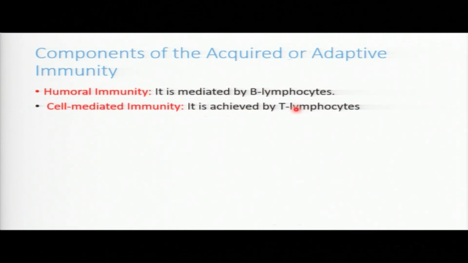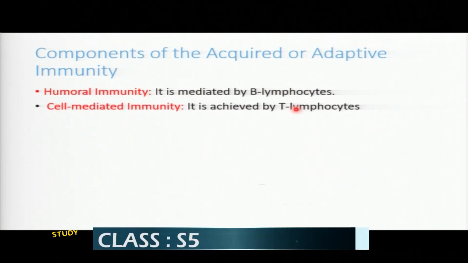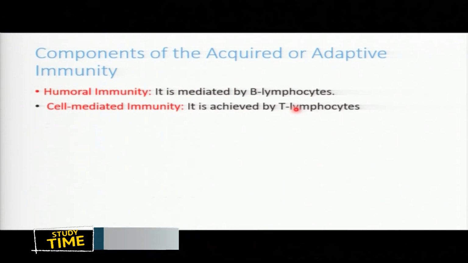So, those two components are, we have humoral immunity. This is immunity that is going to be ensured by what you call B lymphocytes. Actually, when we talk about these lymphocytes, we do have B lymphocytes, and we do have also what you call T lymphocytes.